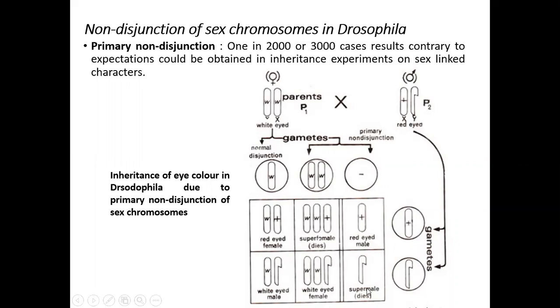If three X chromosomes occur, that will be a super female, and they will die. If two X chromosomes go to one pole and only the Y chromosome remains in the other, that individual will also die. So the super male and super female die by the action of this primary non-disjunction.